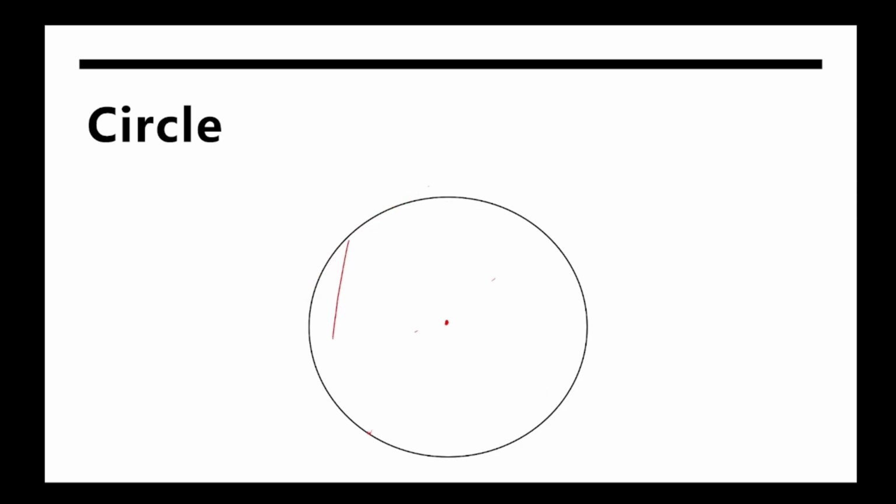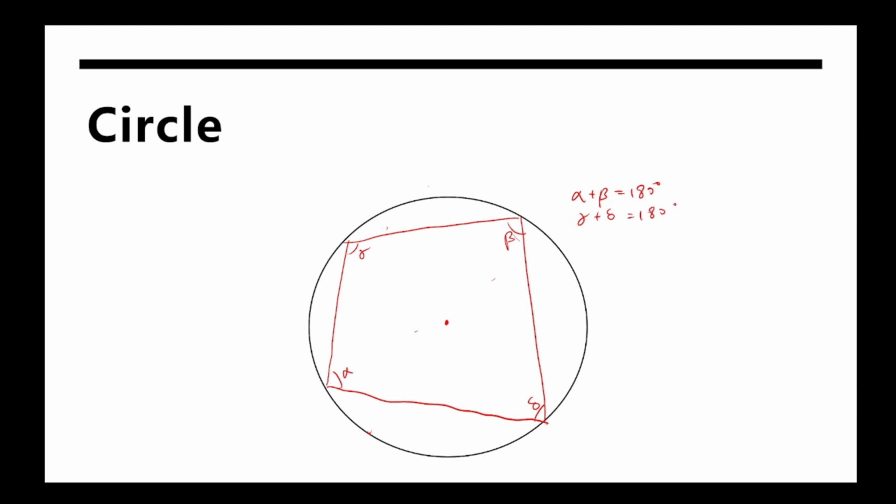For a cyclic quadrilateral, which means a quadrilateral with its vertices on the circumference of a circle, the opposite angles sum to 180. So if this is alpha, this is beta, alpha plus beta equals 180 degrees. And gamma and delta, gamma plus delta equals 180 degrees.